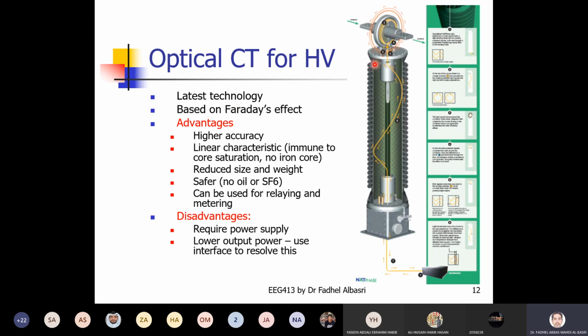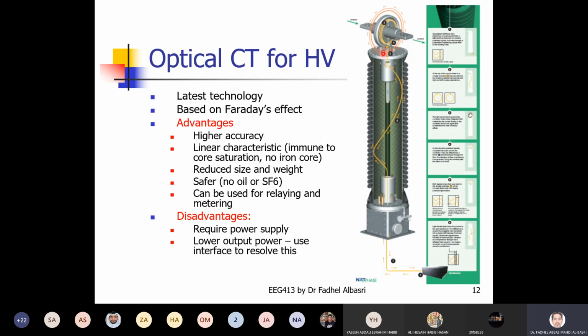So this is like the latest technology in CTs, and this is also based on Faraday's law, where the current entering here will make a magnetic field, and this magnetic field will interact with a light beam. So I have a light beam sent through a fiber optic, and this light beam will get deflected by the magnetic field strength.